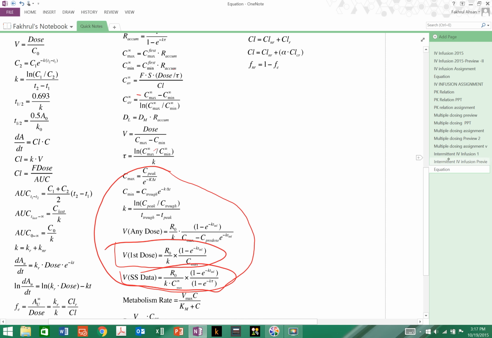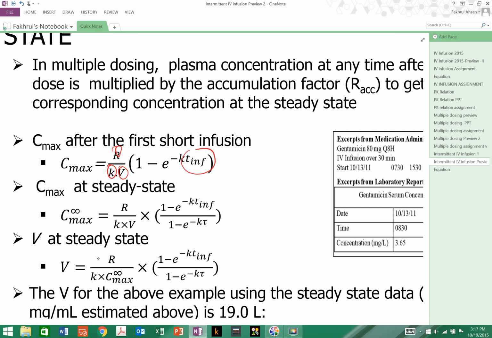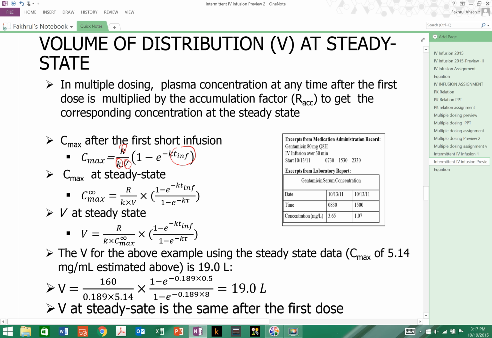The difference between these two equations: in V at first dose, you see there is another component, 1 minus e to the negative K tau. Always remember steady state is different.